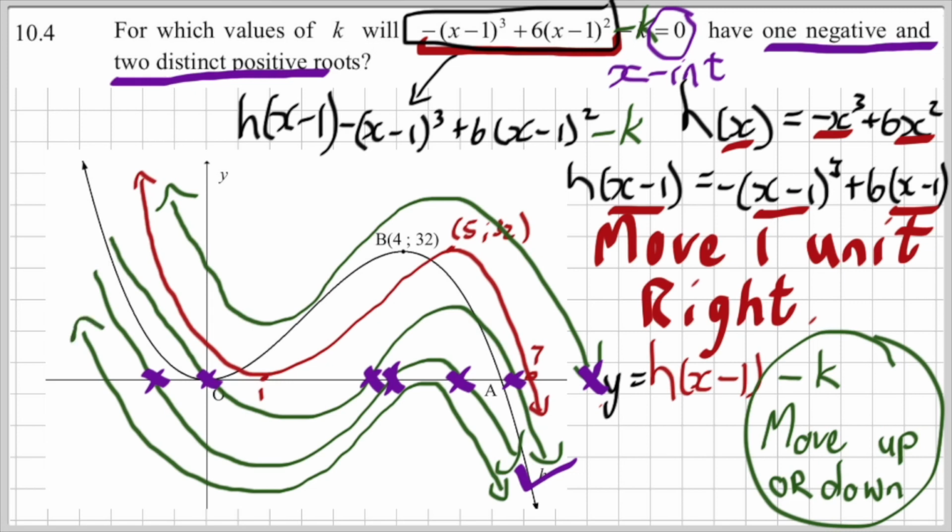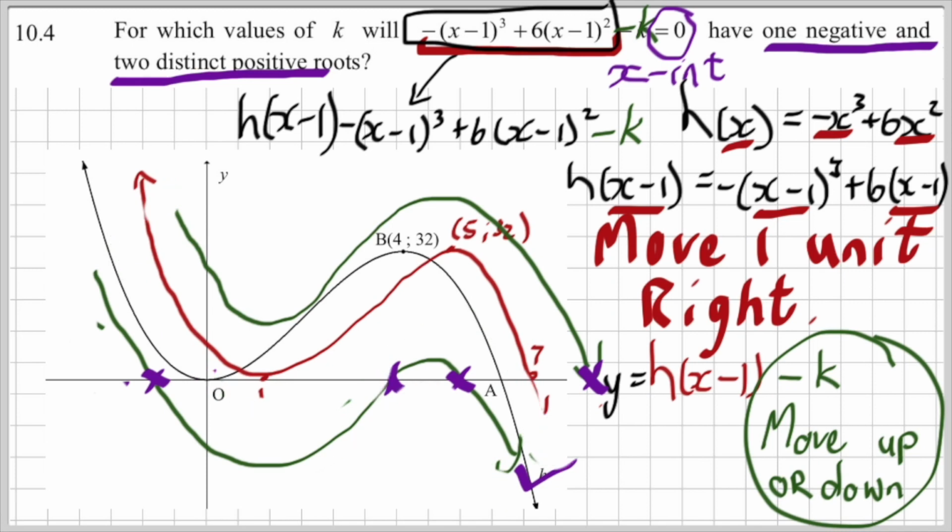But this one only has one x-intercept on the negative side, and if it turns on the x-axis, it has one positive distinct root, or two equal positive roots, which I don't want. Or even if I move it down further, it would have no x-intercepts. So let's erase the ones I don't want. I want only that one there in the middle.